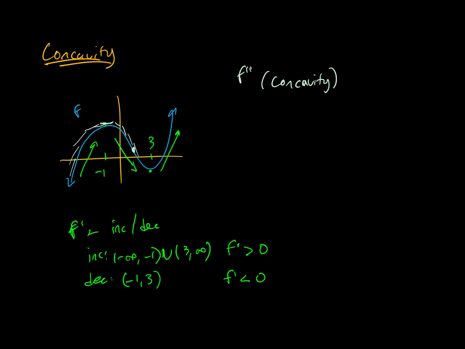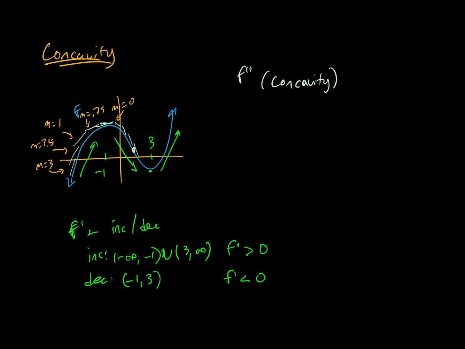So if I could write the slopes of all these little tangent lines, let me just make up some numbers. Let's say that's a slope of 3, and here's a slope of 2.5, and this one has a slope of 1, and this one has a slope of 0.75. Here I have a slope of 0. So notice as I'm going, the tangent line slopes are going down.